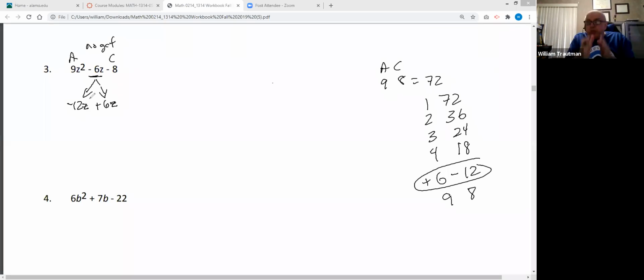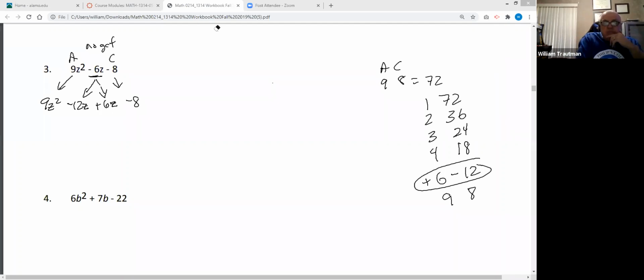I always like my third term to be positive if I have a choice. So the third term is positive now. Do you see this third term is positive? That's why I put the negative first when I split the middle.